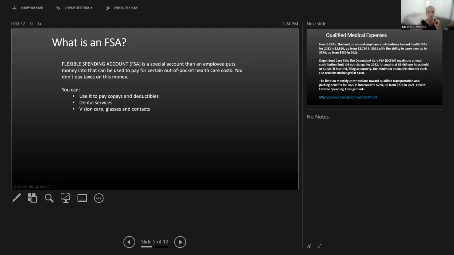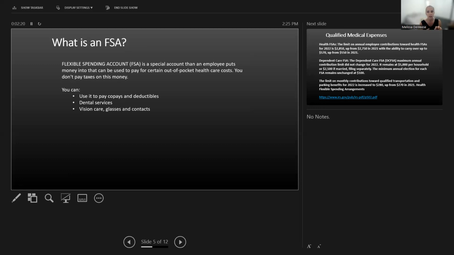Section 125 is basically in the Internal Revenue Code of the United States, and it allows us to create a plan document to allow employees to take out money pre-tax and set it in a separate account.